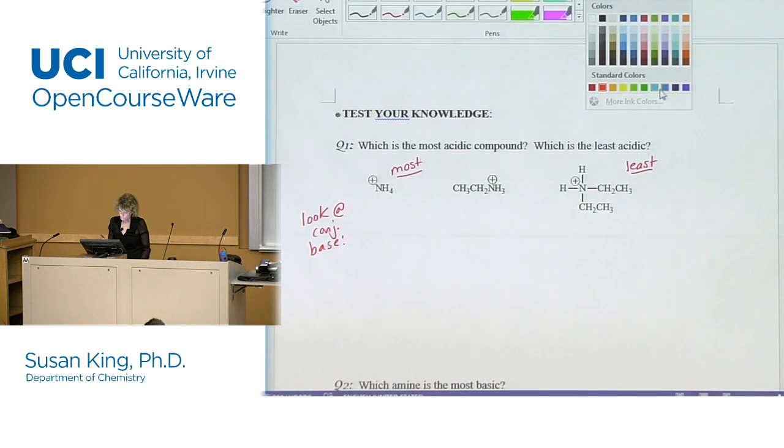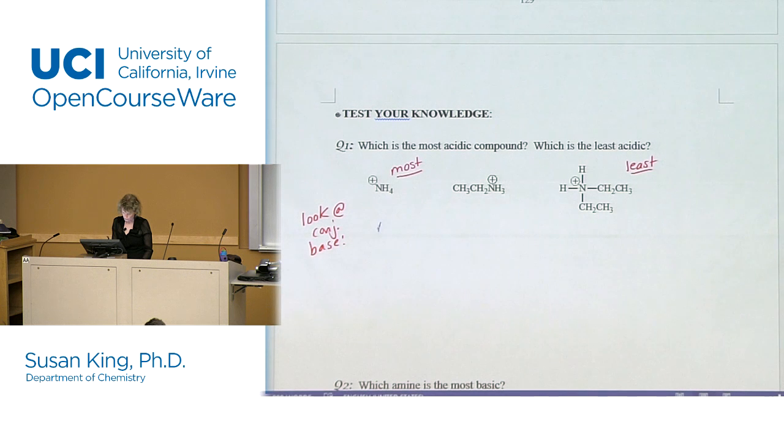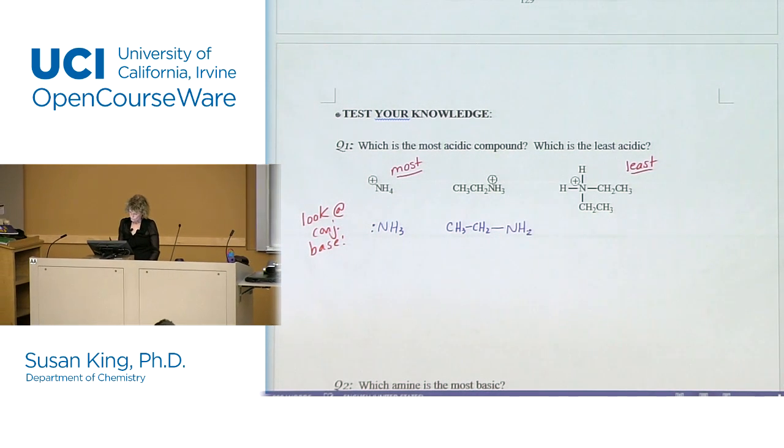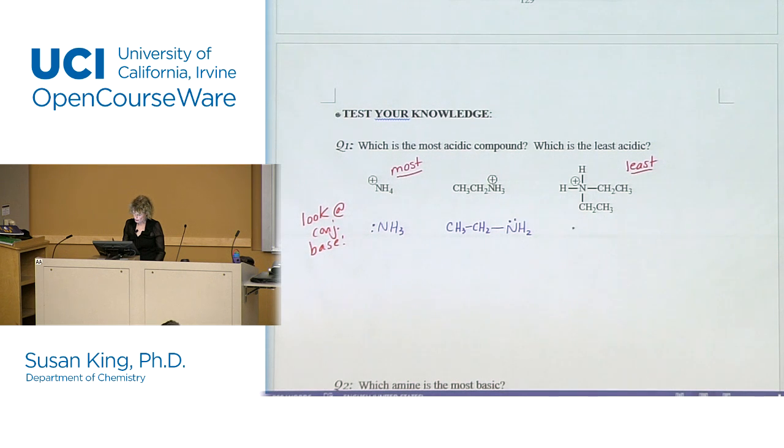So conjugate base here would be ammonia. Conjugate base here. There's our conjugate base here, and then our conjugate base here has 2 alkyl groups bonded to nitrogen.